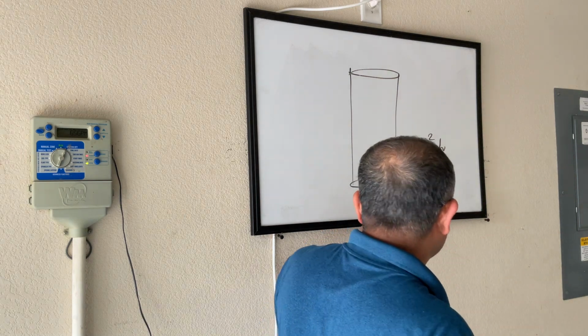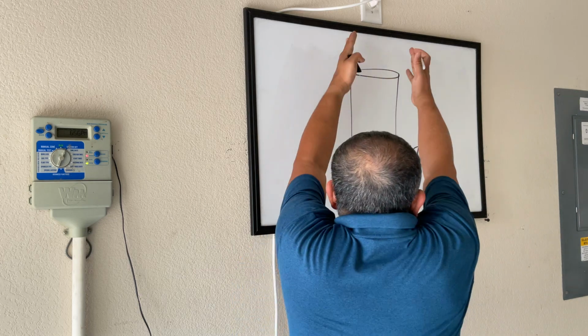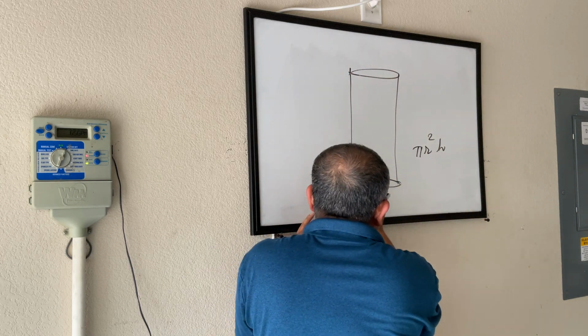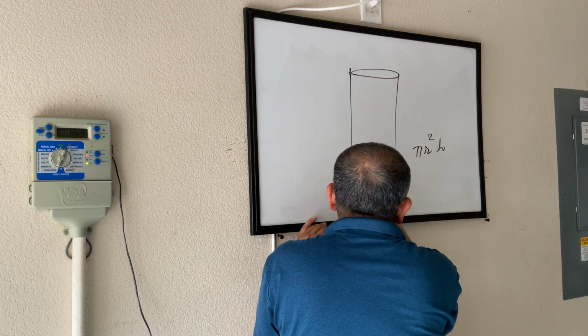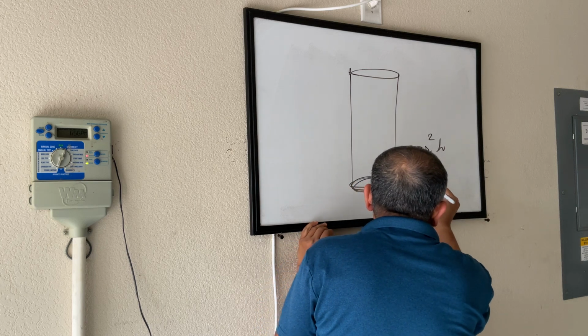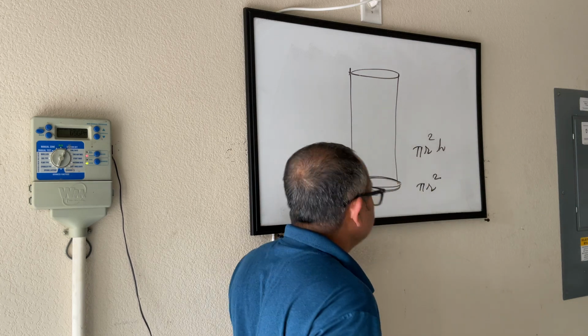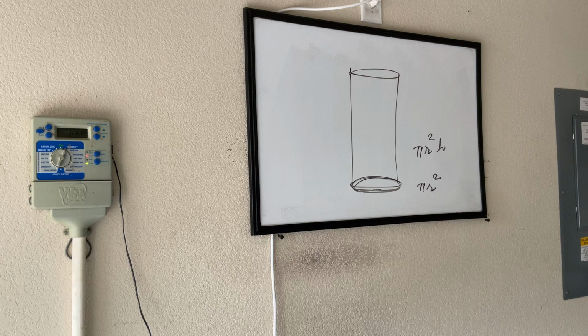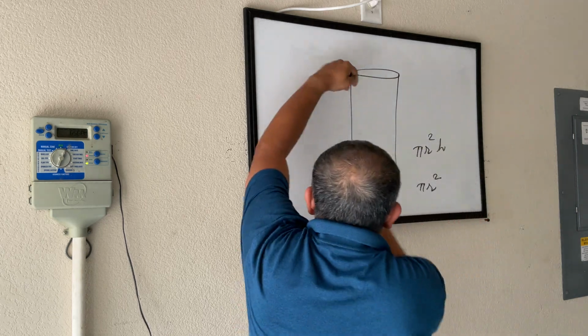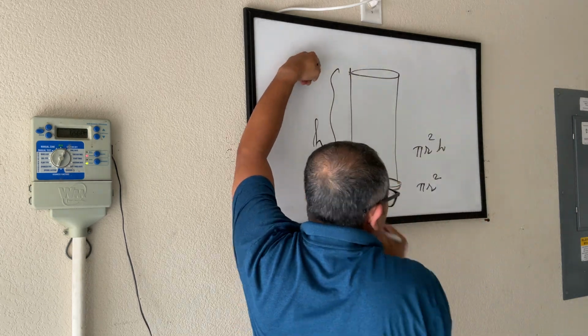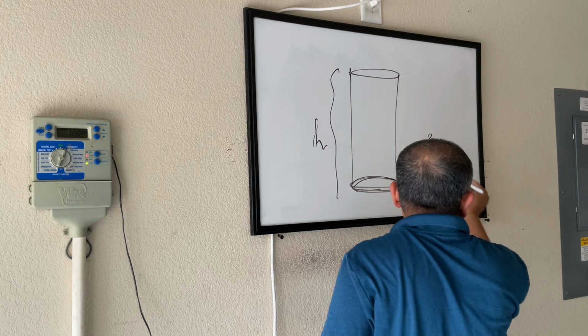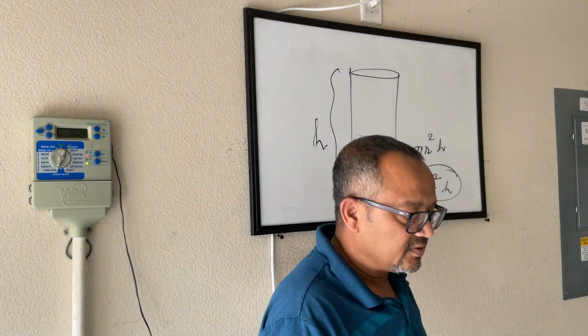So this is the same thing. Like I said, if you're talking about any symmetric shape, find out the area of the base, and your area of the base is nothing but a circle. Multiply that by the height. That becomes your volume, pi r squared h. Was that your answer as well, beta?